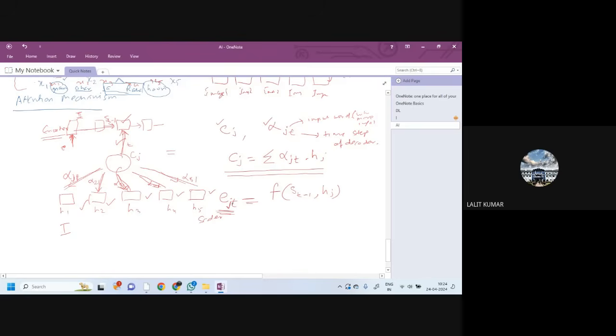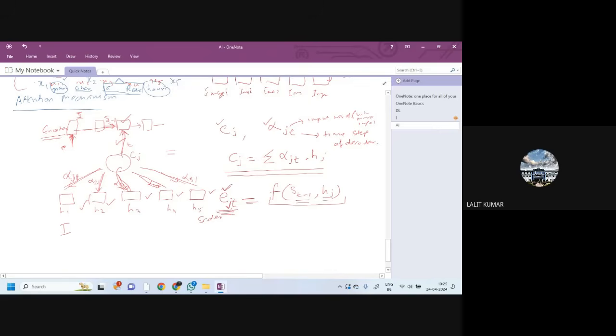So I say that EJT is the value which defines how the jth word in the input is affecting the output at the tth time step at the decoder. And this is some function of st minus 1 in the decoder, because it is carrying some information from the back, and also the word in the input.